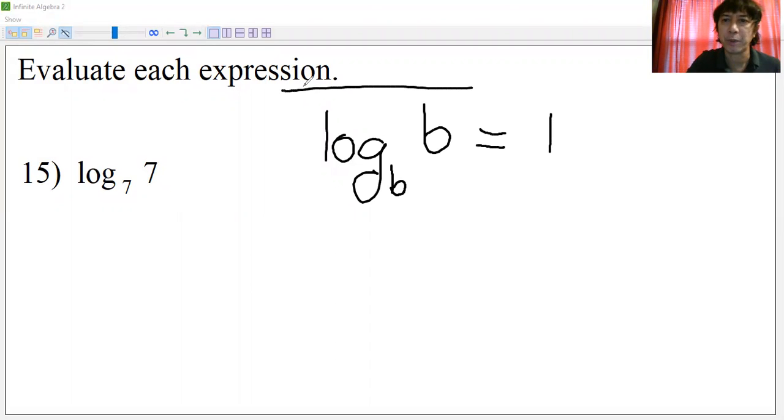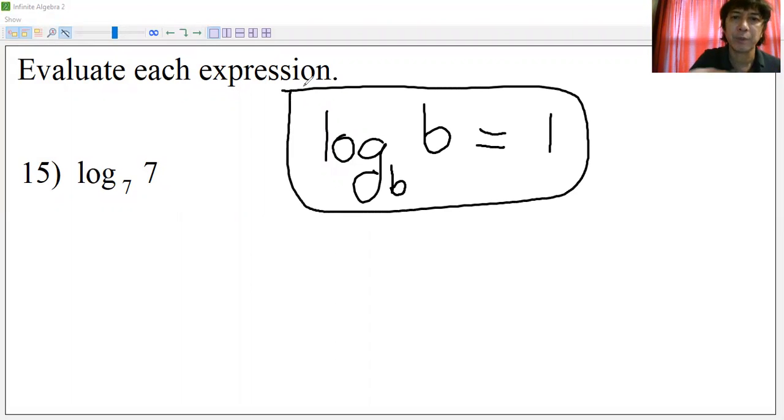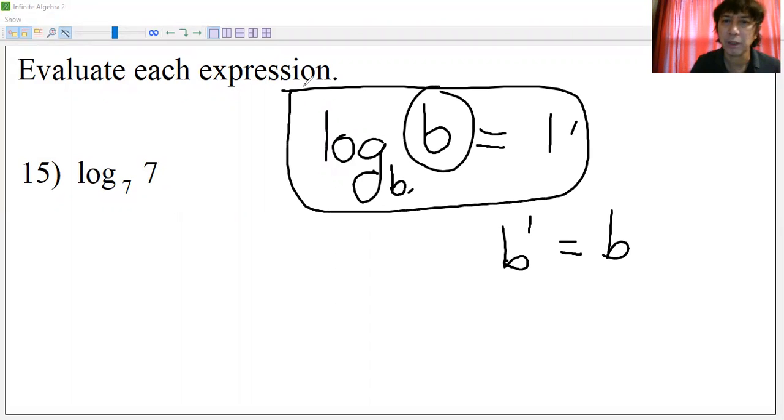And here's another property that you shall remember. Why? Because b raised to the power 1 equals b. There. So b raised to the power 1 is b. So you have to remember this property. If you find this number equal to the base, then the answer is 1.